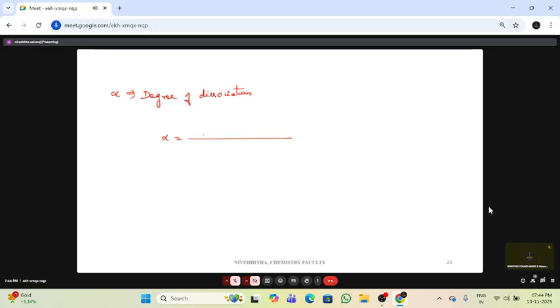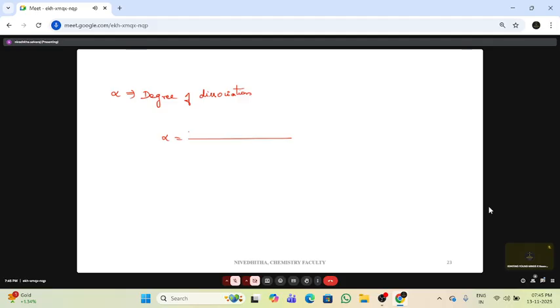Alpha is equal to, please write it in the numerator, number of moles or molecules of electrolyte dissociated, divided by total number of moles or molecules of electrolyte added in the solution.